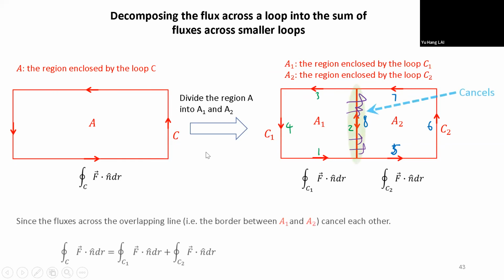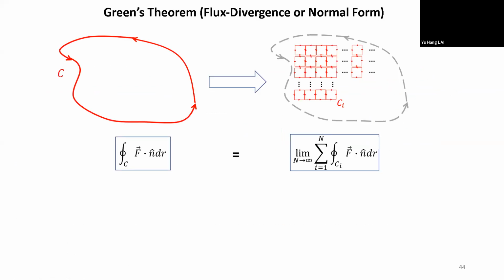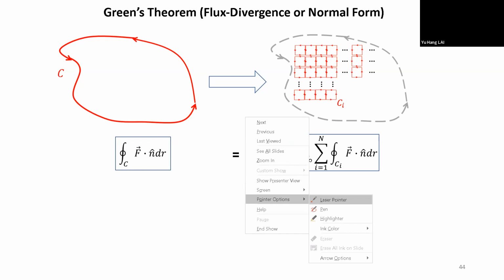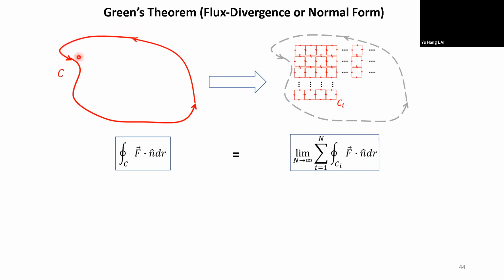So at the end, what you're going to do, with the exact same figures as the last time, is that I'm going to break down this big loop into many small loops.